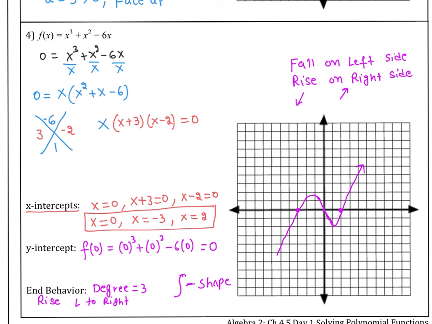So this is the graph that we are going to get. It's also called rise from left to right or fall on left and rise on right. You can see these arrows to make sure your graph is in the right direction.